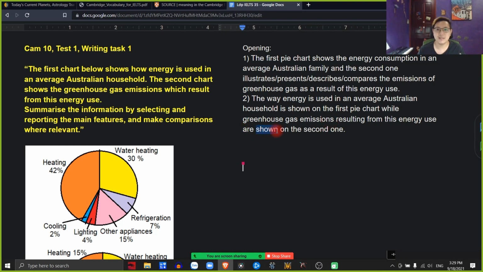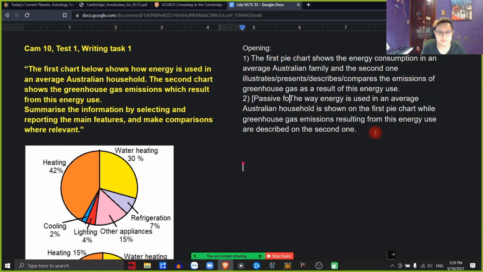And we need to change to a different verb here. Let's say describe. Mình đổi động từ luôn, nó đỡ lặp lại. On the second one. Okay, so this is how we do the passive voice. So this is passive form or passive voice.